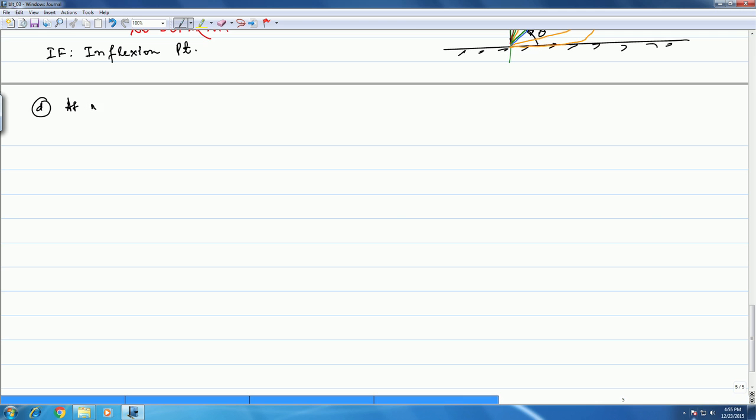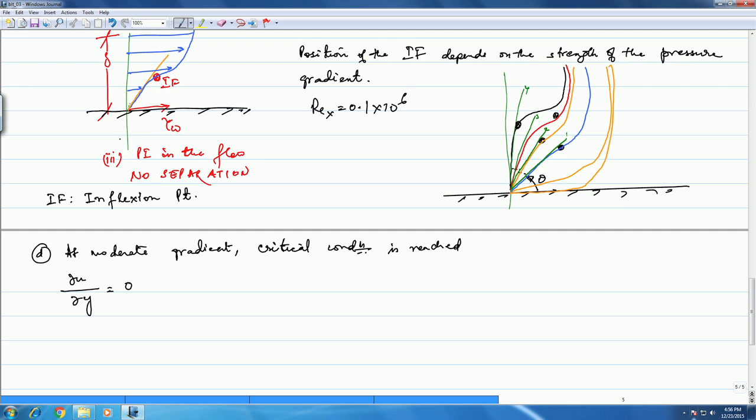So at a moderate gradient, a critical condition is reached such that ∂u/∂y is 0.